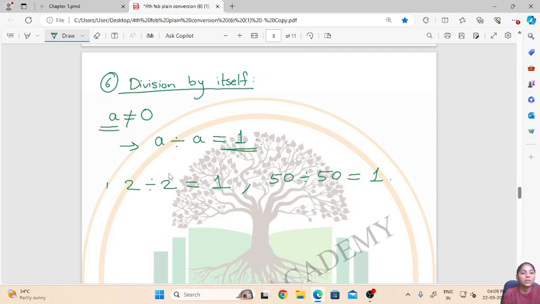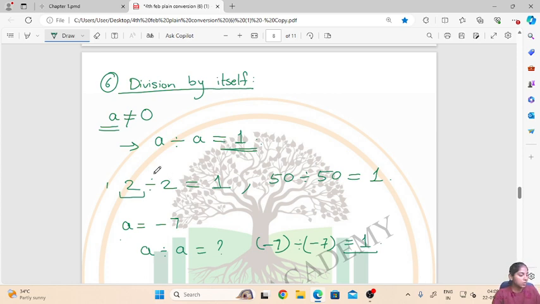In this case 2 is A. Another example we can take for minus integers, where A is equal to minus 7. Then A divided by A is what? So minus 7 divided by minus 7 will be 1.